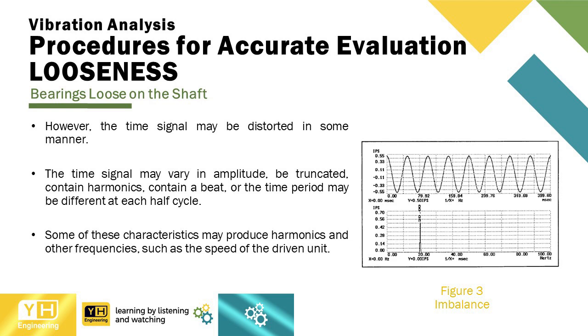However, the time signal may be distorted in some manner. The time signal may vary in amplitude, be truncated, contain harmonics, contain a beat, or the time period may be different at each half cycle. Some of these characteristics may produce harmonics and other frequencies, such as the speed of the driven unit.